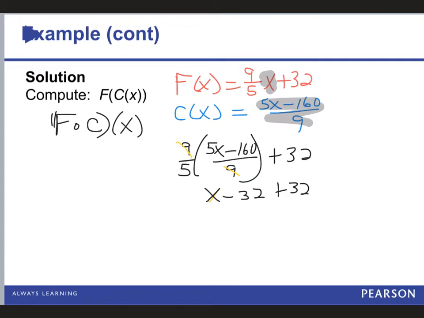And notice now I have minus 32 plus 32, so it's just going to give me x. So both directions we get x as our answer. And so that proves to us that these two functions, f and c, are inverse functions.